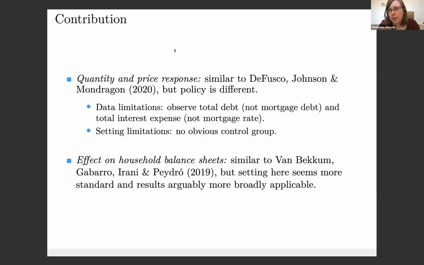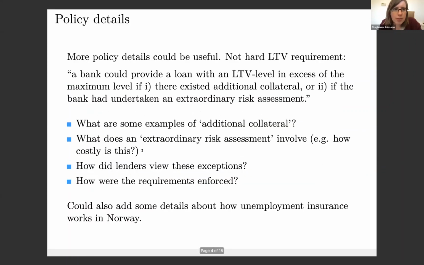So when you look at this group that is constrained by an LTV limit, the responses are potentially a bit unusual, like people don't actually buy cheaper houses in response, possibly because these are people who have a lot of other assets and only have high LTVs for tax reasons. Whereas in this paper, things seem a bit more standard, and so perhaps this will be more broadly applicable in terms of the results.